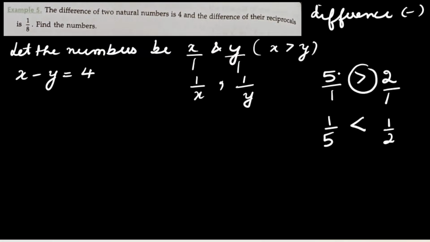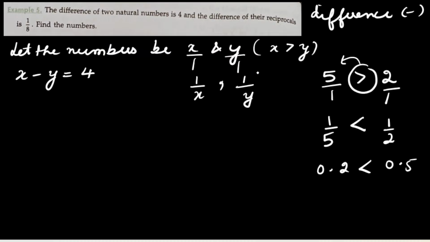If 5 is greater than 2, then 1 by 5 will be less than 1 by 2. You can check: this is 0.2 and this is 0.5, and 0.2 is less than 0.5. So just remember, if a number is greater than another number, like 5 is greater than 2, then its reciprocal will be smaller than the other number's reciprocal. I have shown you with the example.